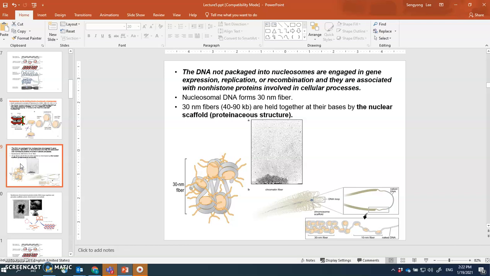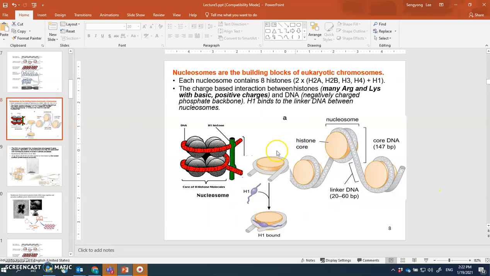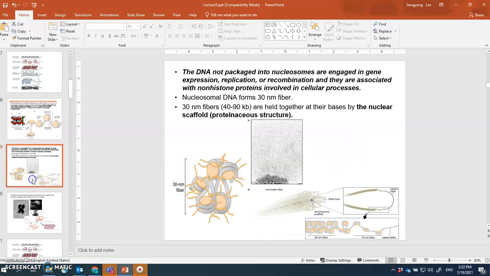DNA not packaged into a nucleosome is the DNA engaged in gene expression. DNA that's going around the nucleosome is normally not accessible for other proteins. If DNA is to be engaged in gene expression or replication or recombination, some part of the DNA should be accessible, outside of the histone nucleosome structure.